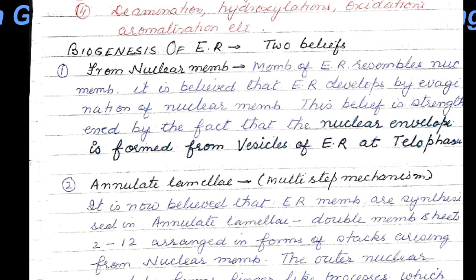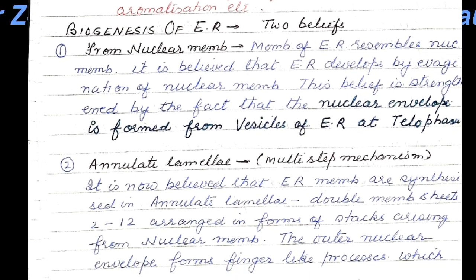Then another belief is that they originate from annulate lamellae through multi-step mechanisms, and it is believed these days that ER membranes are synthesized in annulate lamellae, which are double membrane sheets, 2 to 12, arranged in form of stacks arising from nuclear membrane.